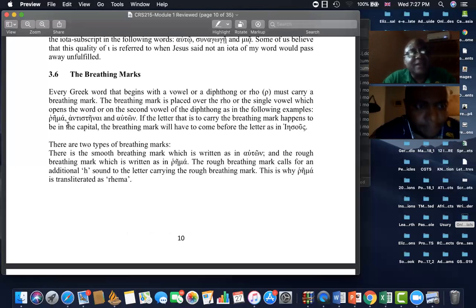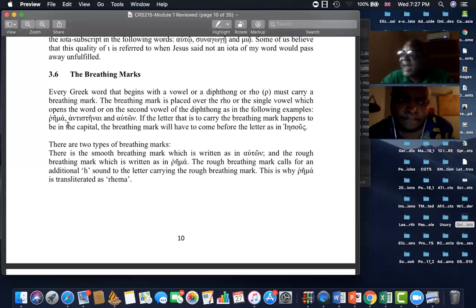Now, the one that looks like an inverted comma is the one we call the rough breathing mark. What did I say? Rough breathing mark. And the one that looks like a closing comma is the one we call the soft or smooth breathing mark.